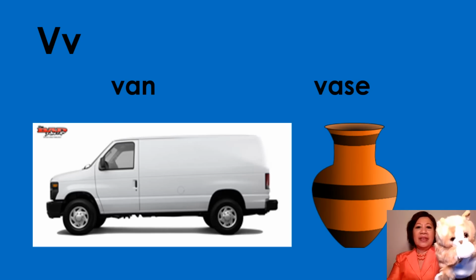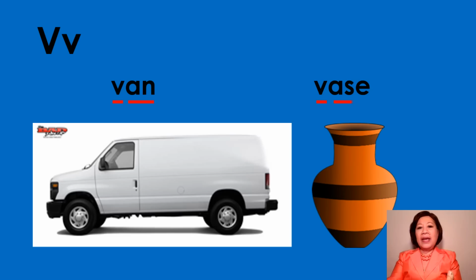V. V says V as in van. A van is a type of road vehicle used for transporting goods or people. V. V says V as in vase. A vase is an open container usually used for flowers.